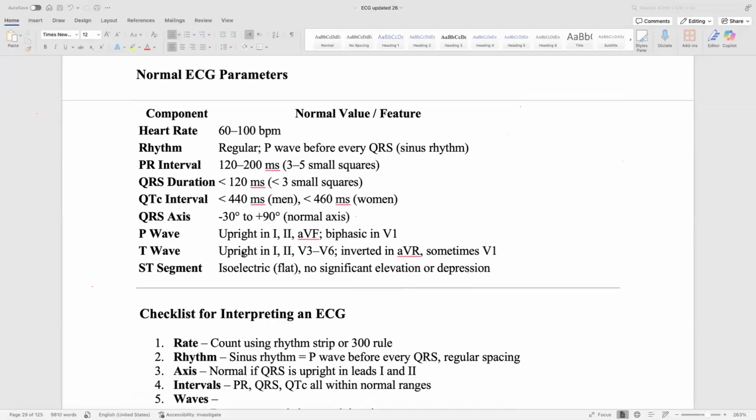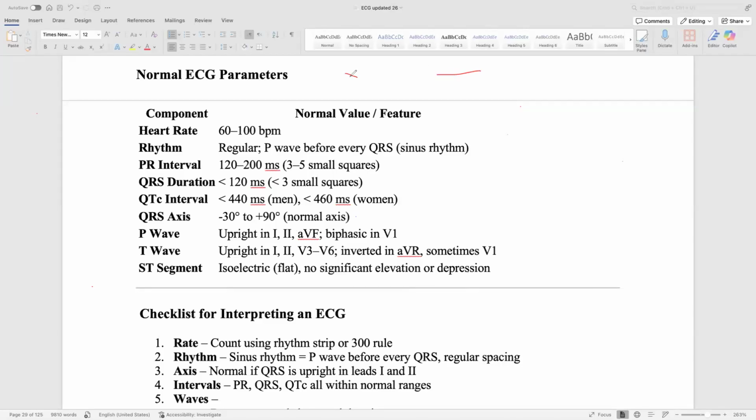We said, forget about the axis. Don't waste your time on the axis. Why, in leads, is the P wave positive?